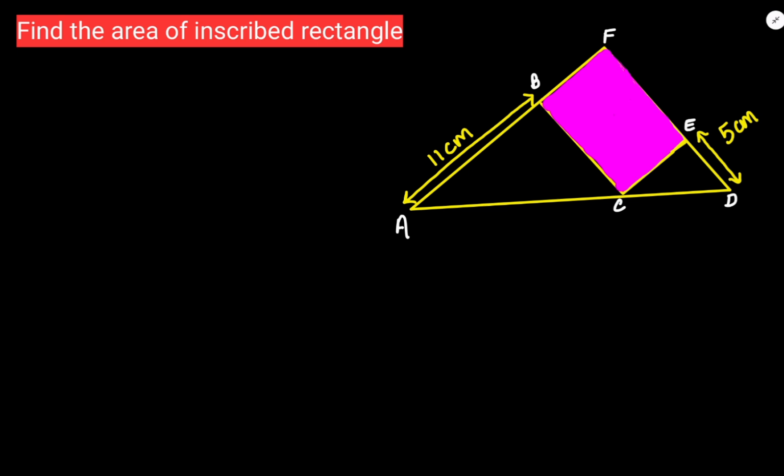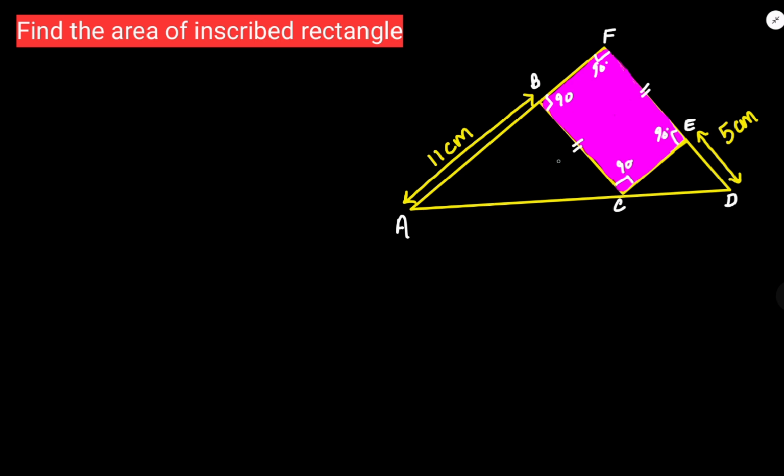Since we know that this is a rectangle, that means all these angles are 90 degrees. So this is 90, this is 90, this is 90, this is 90. Since this is a rectangle, this side will be equal to this side.